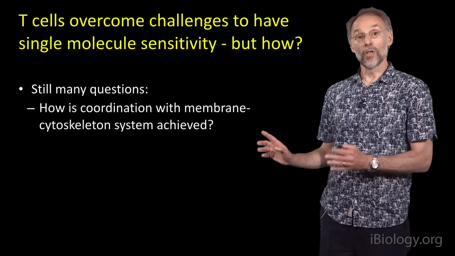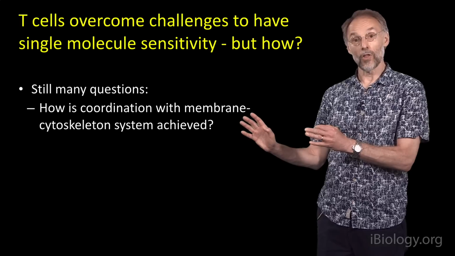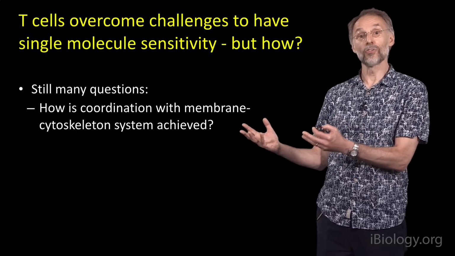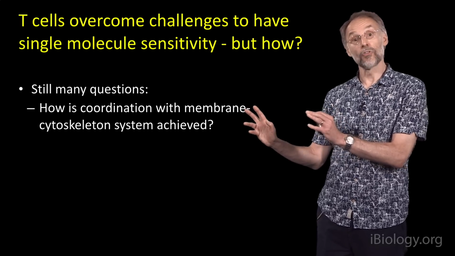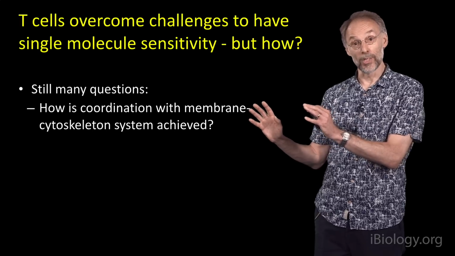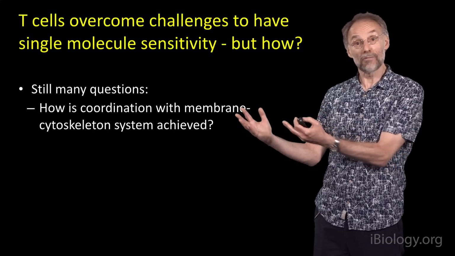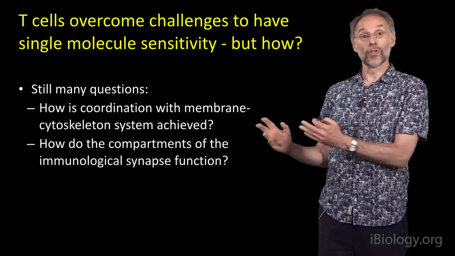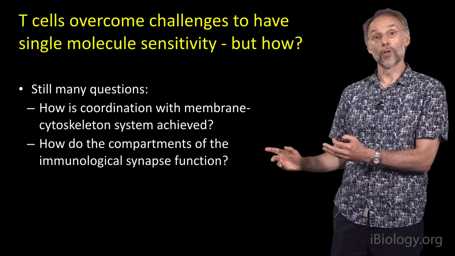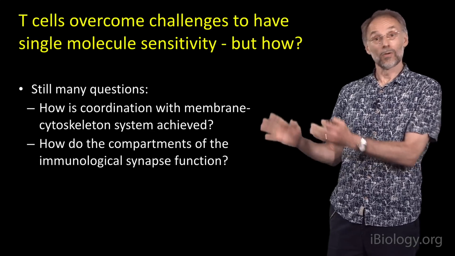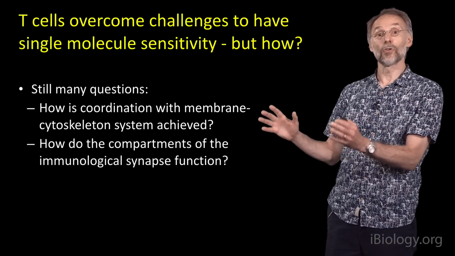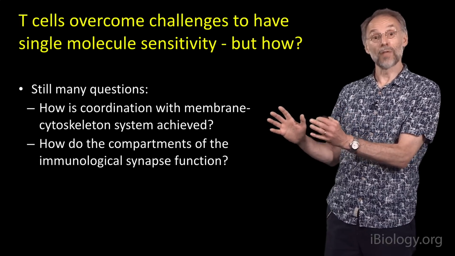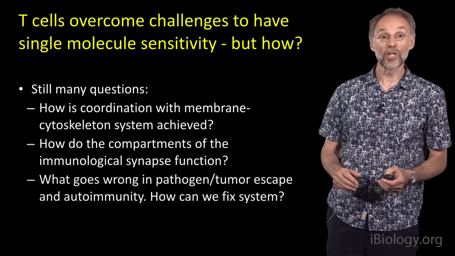One of these is basically, how do you coordinate this cytoskeletal machinery and the membrane of the T cell to accomplish this? How does the cytoskeleton of the antigen presenting cell modify this? Essentially, how do these different components, the central cluster, the ring of adhesion molecules, smaller elements that are involved, how do they actually function?